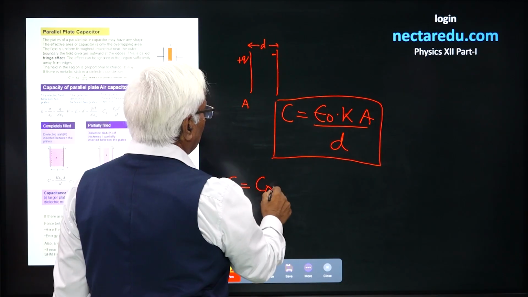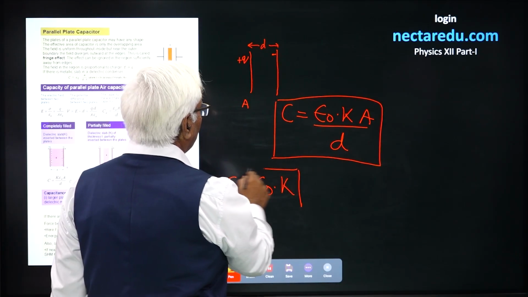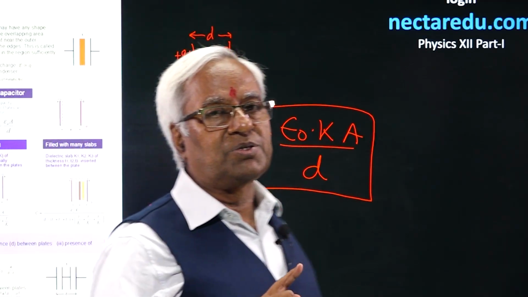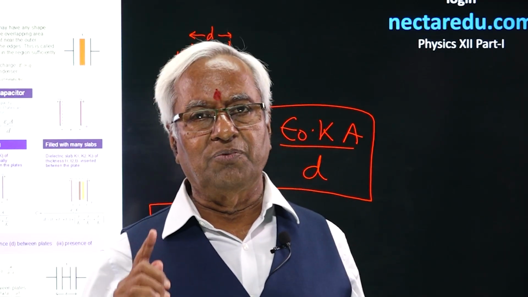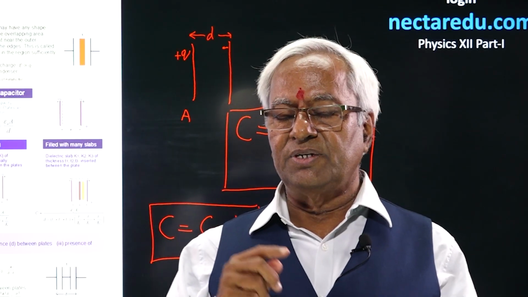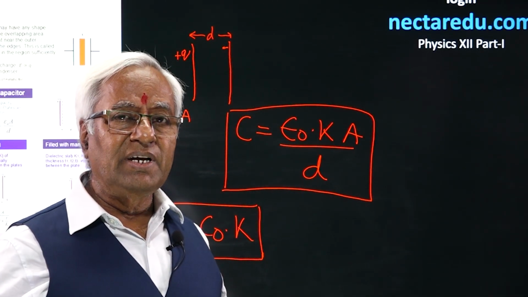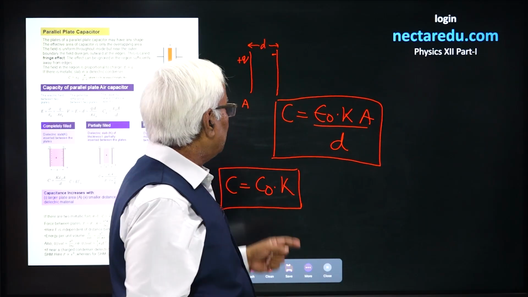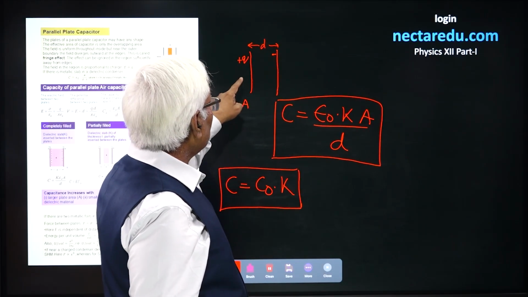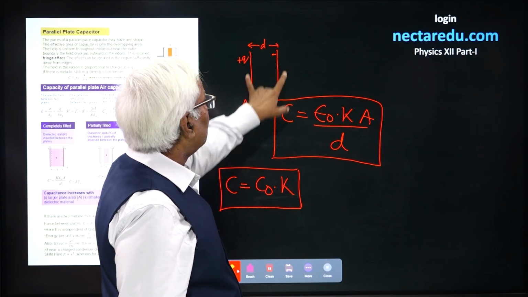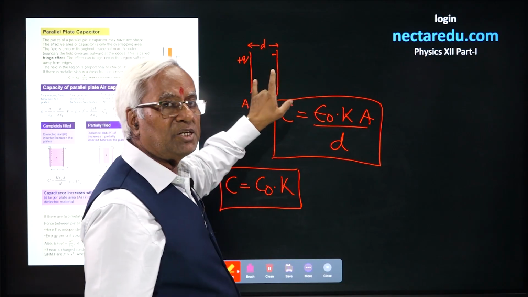It is C naught into K. Now, three things with this electrical capacity. One, it depends on size, it depends on the medium, it depends on the conductor in its vicinity. So, here in this condenser, you see the capacity is being affected by the dielectric that is placed between the two.